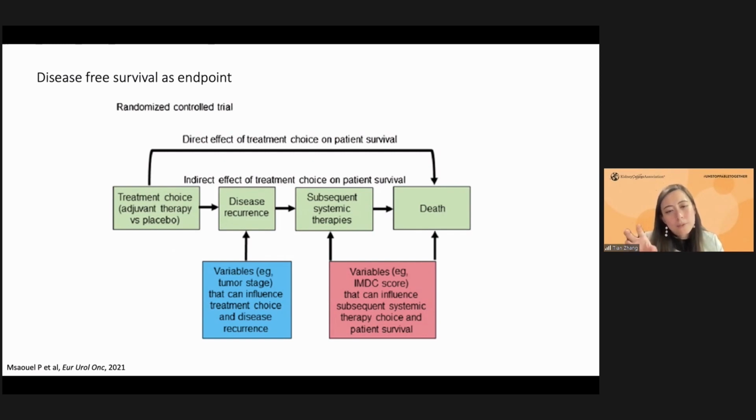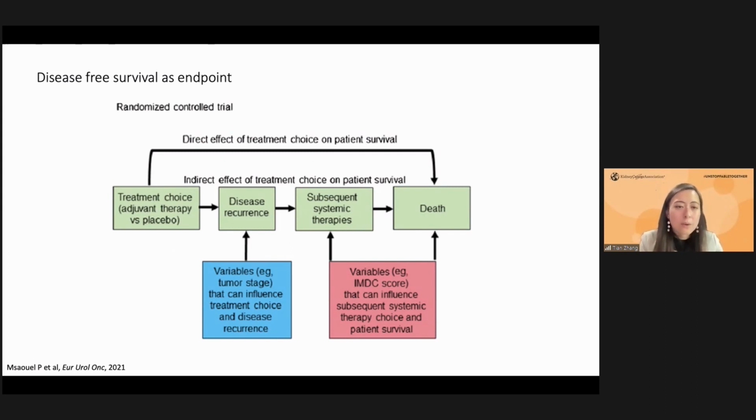But in terms of disease recurrence, this is a pretty important endpoint in the overall scheme of things. If we're delaying time until disease is recurring, then hopefully we're also delaying time until death, or the overall survival outcome. But disease recurrence is an early and more direct effect of the actual treatment.